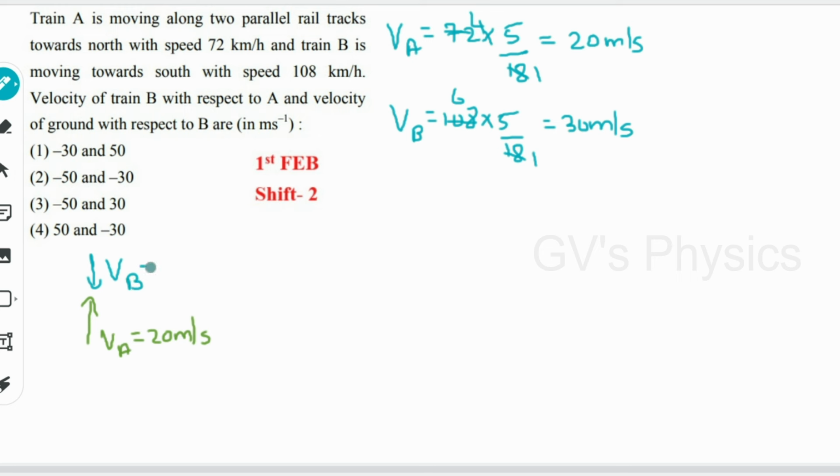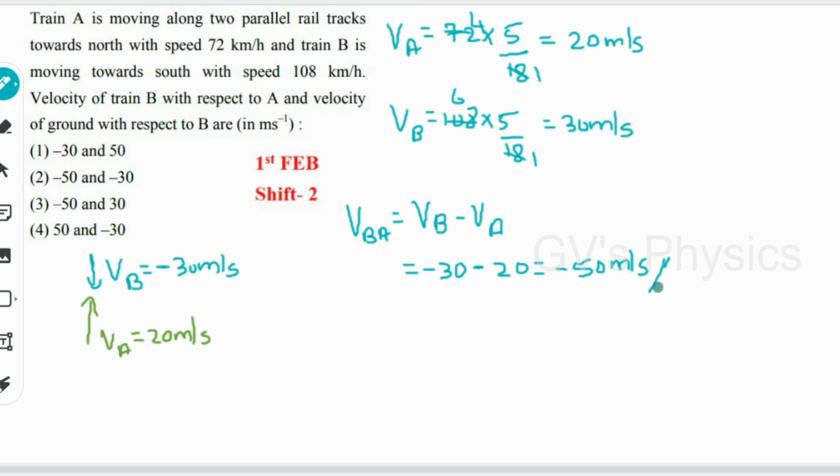So velocity of B is minus 30 meter per second. Okay. So they asked velocity of B with respect to A, which is VB minus VA. So VB is minus 30, minus VA is 20. So which is minus 50 meter per second. Okay. So this is relative velocity.